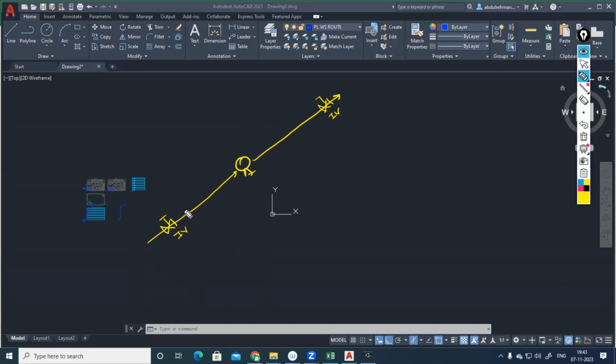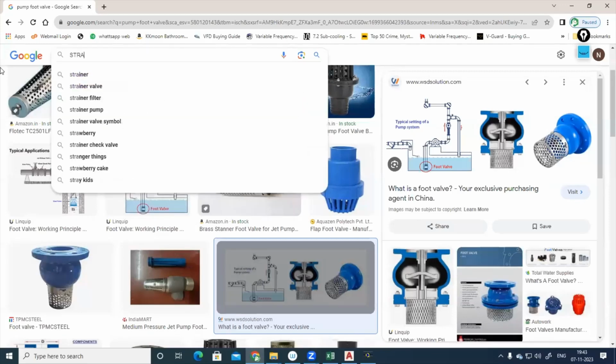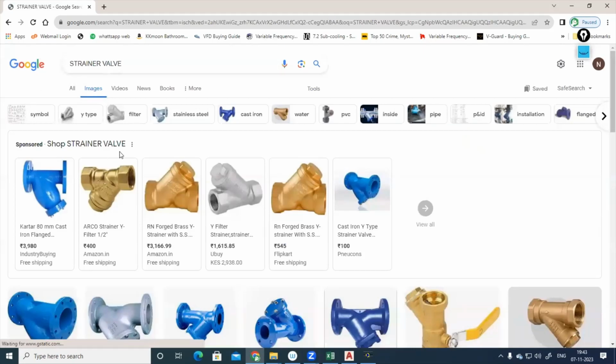Always on the suction side, we will be having a strainer valve. Strainer means the contaminations should not enter into the pump. That's why we will be proposing a pump strainer valve. This one.